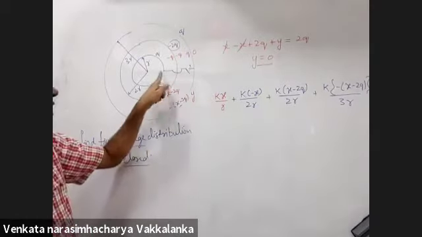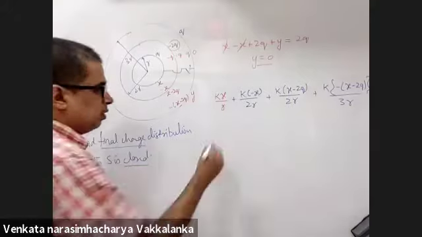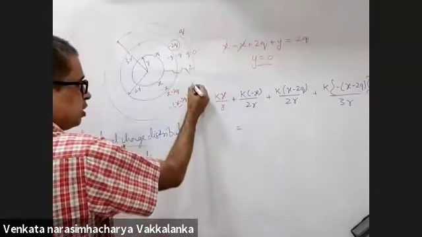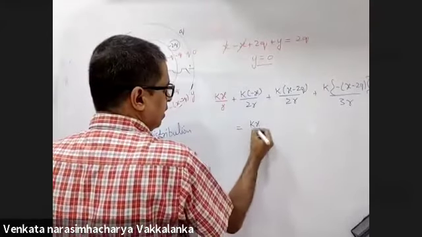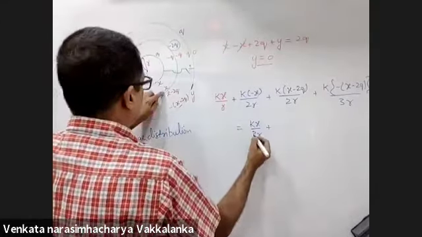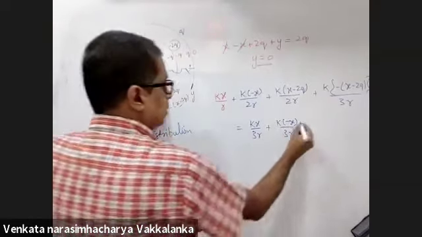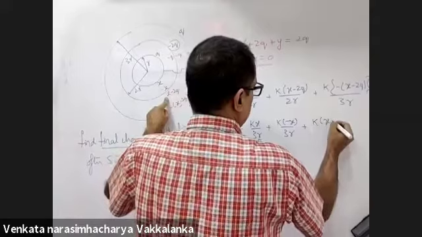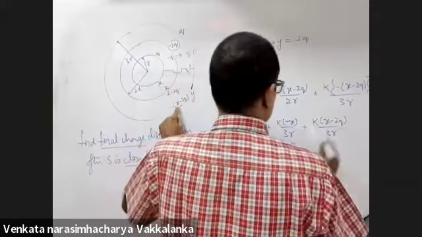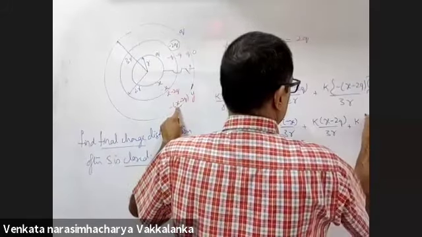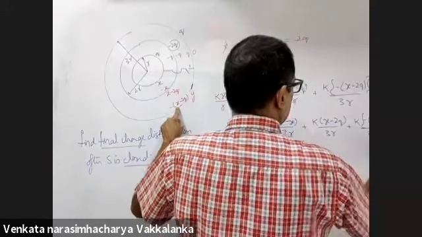This is the potential on the innermost sphere due to all the charges. It should be equal to the potential on the outermost sphere due to all the charges: kX by 3R, k minus X by 3R, k into X minus 2Q by 3R, k minus of X minus 2Q by 3R.